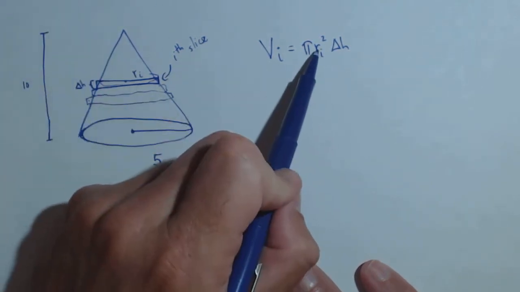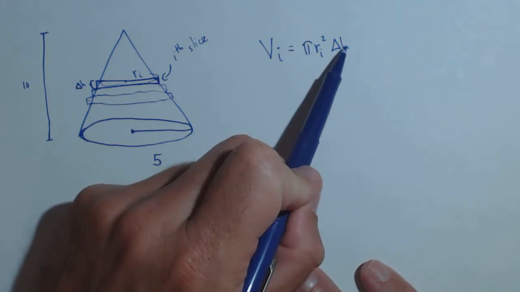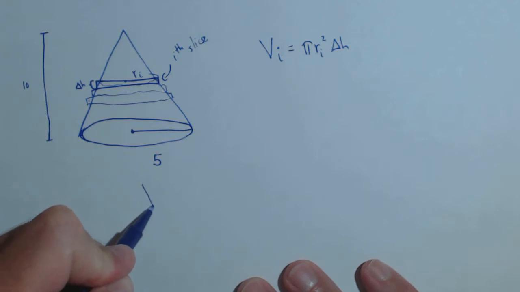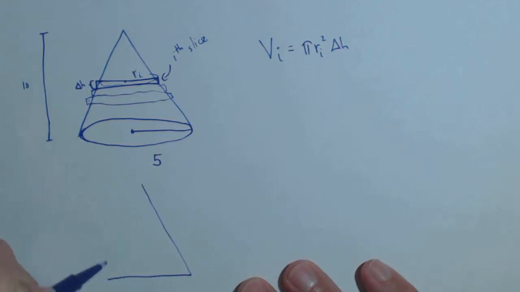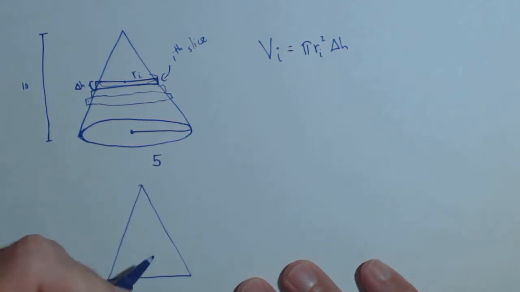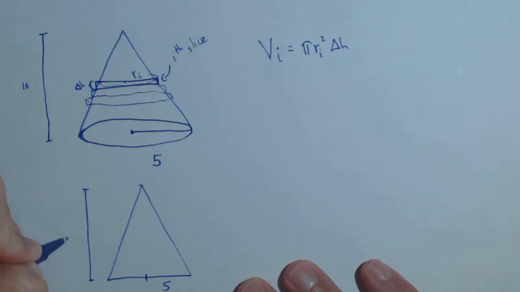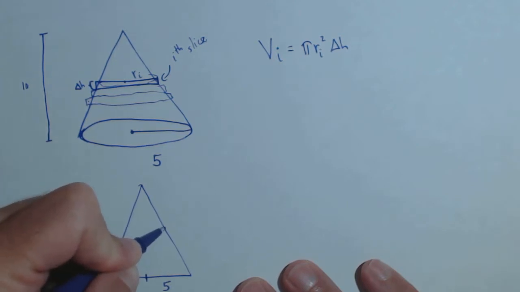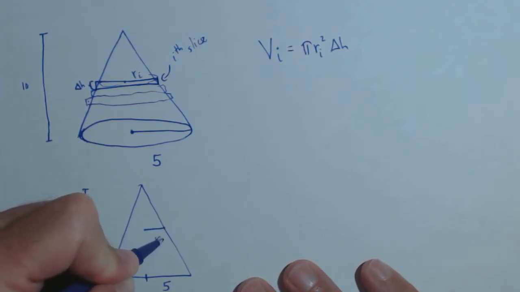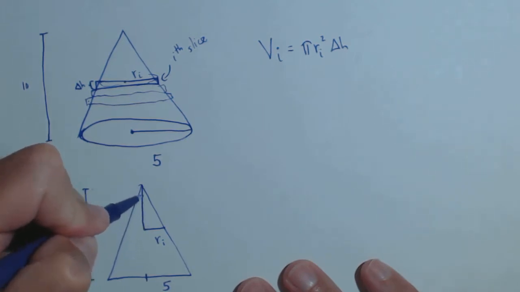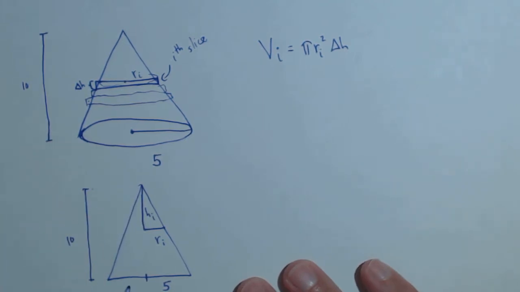Now, one thing we should notice right away: r and h, our variables, don't match, so we need to make that happen. I'm going to draw a little bit cleaner drawing. If we look at this triangle directly from the side, I know from here to here is 5, and it's got a height of 10. Here's my r sub i for my ith slice, and I could put in h sub i for the height at that ith slice.